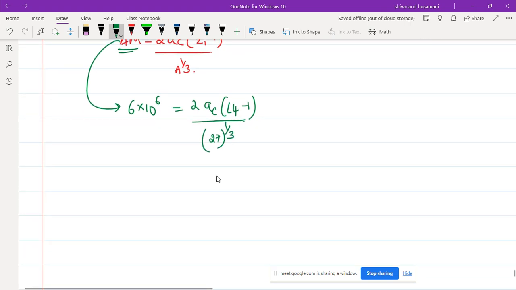What do I get for AC here? Simplifying this part, this becomes 3, this becomes 13, and this becomes 2 1 2 3. So 3 3 is 9, and we get 9 by 13.